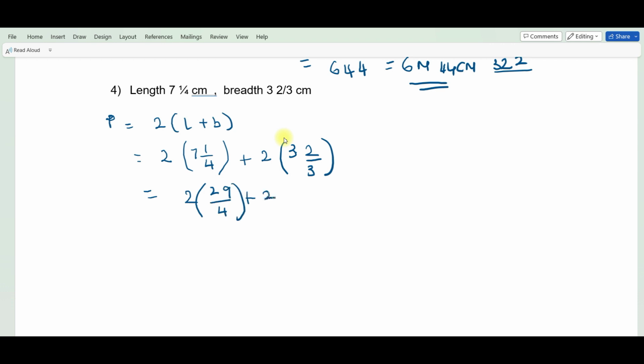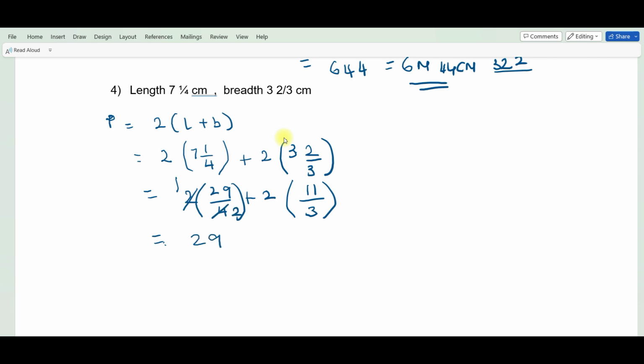And similarly here, I convert this mixed fraction to an improper fraction, that is 3 times 3 would give me 9, plus 2 would give me 11. So I have 3 here. I simplify this going further. So after doing so, I can simplify this, that is 1 time of 2 and 2 times of 2.